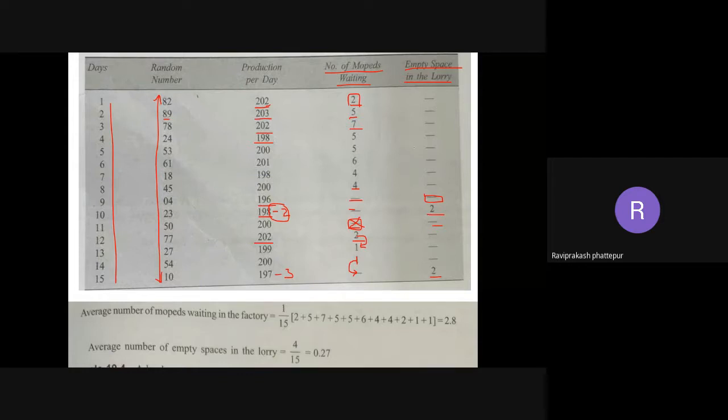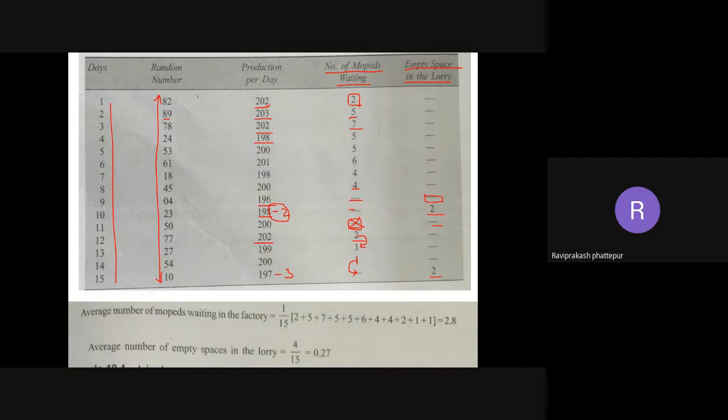So that is what is given here. So this is the proper answer: number of mopeds waiting and the empty space in the lorry. So on what days there will be empty space and on what days there will be an extra number of vehicles waiting here.